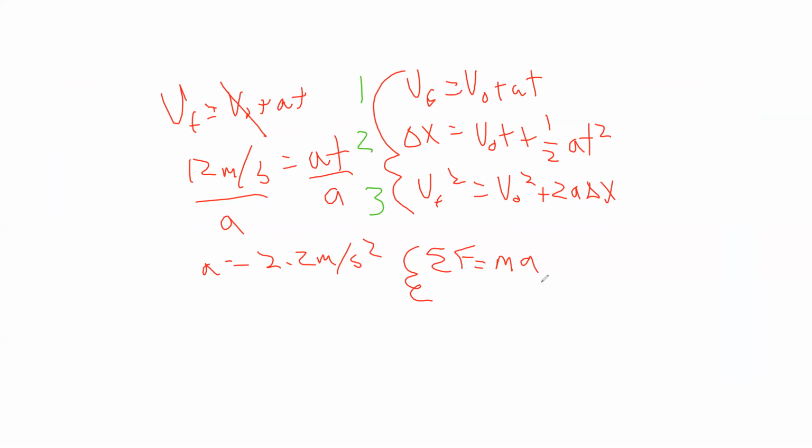They tell us vf. We already solved for vf. They tell us vi. They also tell us delta x. Actually, no, they don't tell us acceleration. We're trying to find acceleration. Which equation do you think we should use?